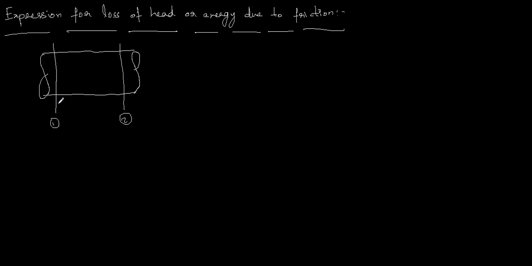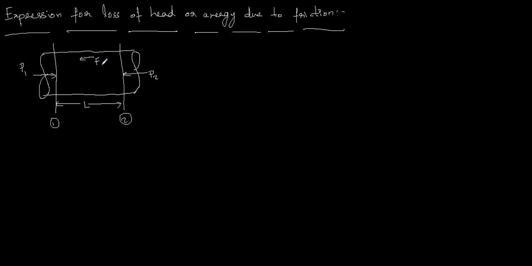The length of the pipe between the two sections I want to assume as L. At section 1 I assume pressure P1, which is acting in the direction of the motion of the fluid, and at section 2 I assume pressure P2, which is acting opposite to the direction of the flow, causing the reduction in the pressure during the flow of the fluid through the pipe. Here the internal surface can offer certain frictional resistance.